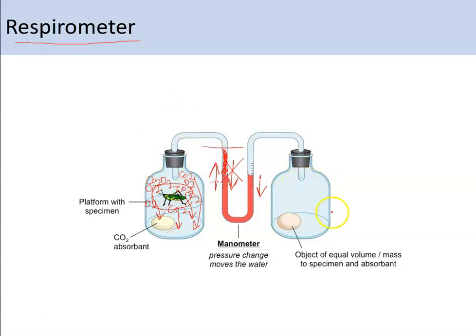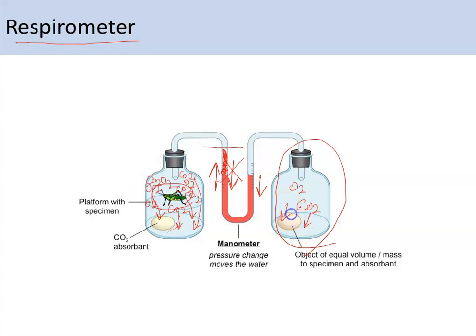Okay, second question. What do you think this bottle is for? What is the role of this bottle? Pause the video. Okay, this bottle is for control. Why? Because we need to have the same amount of absorbent, and if there is oxygen or carbon dioxide in this bottle, it will be equally absorbed by the absorbent.